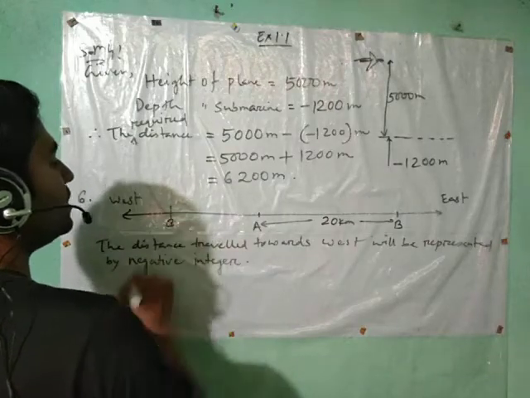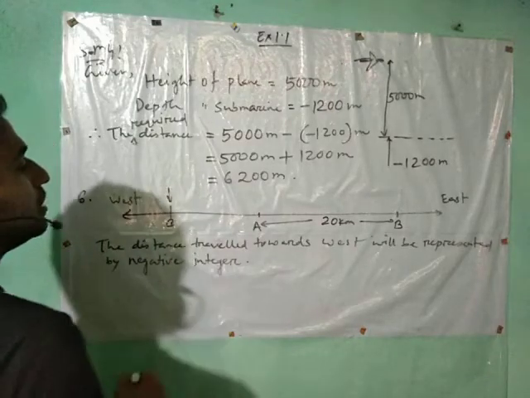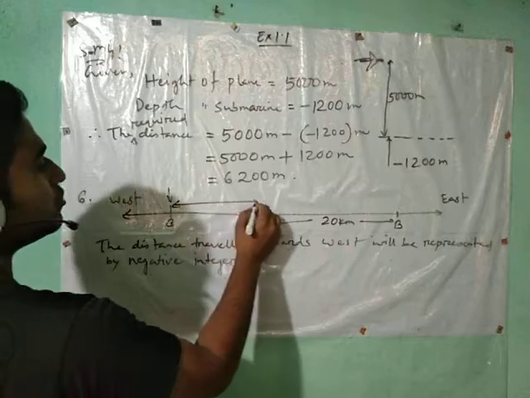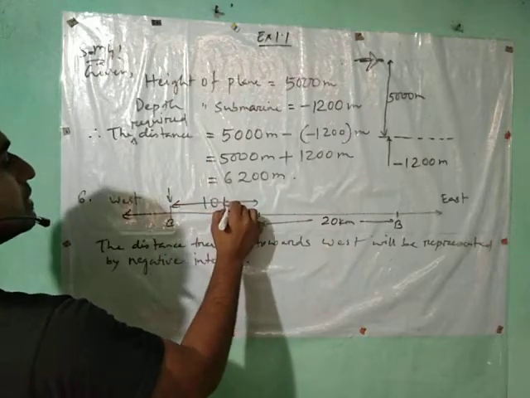That means up to point C. Now she is at point C, but in between these 2 points, what is the distance? It will be 10 kilometers.